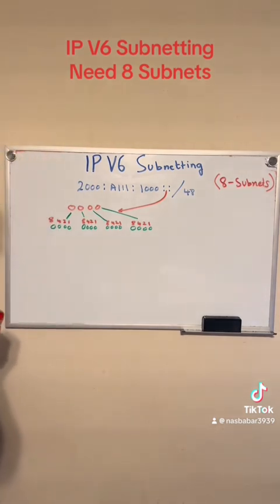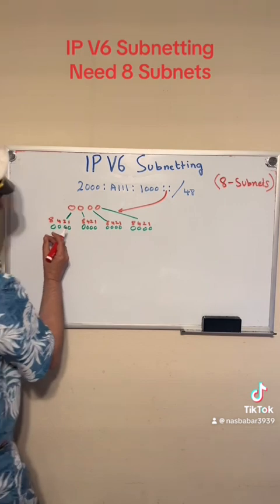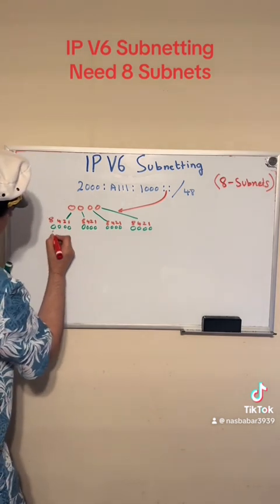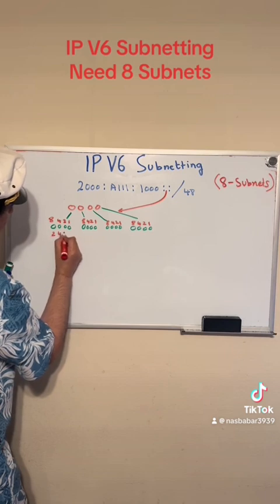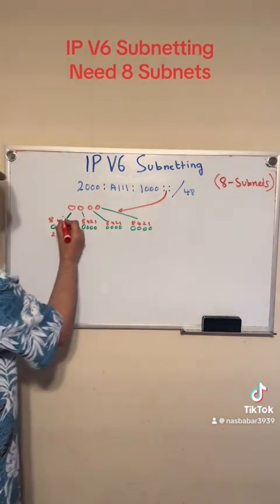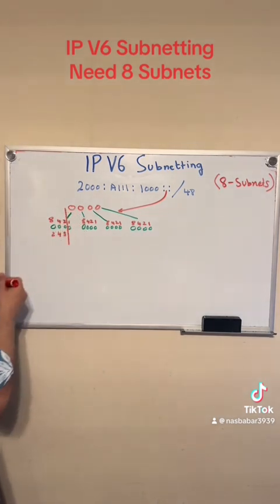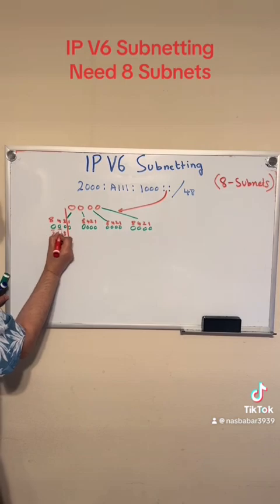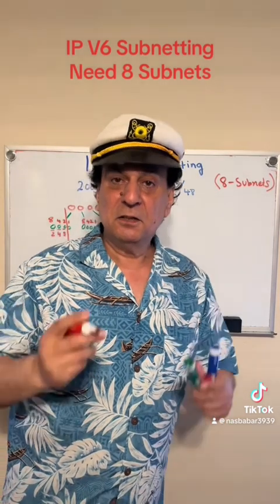So what we do is we start from the leftmost binary bits and say, okay, we need 8 subnets. We start 2, 4, 8, and we stop right here. What does that mean? That means I'm going to draw a line right here. That means I'm going to play only with these 3 bits to get the subnets we need.